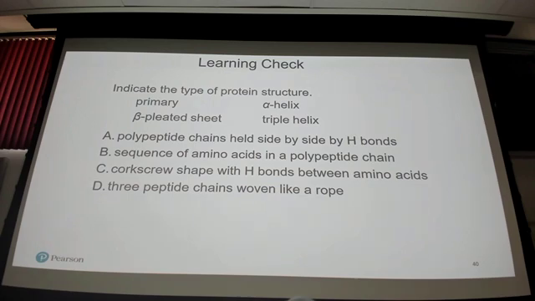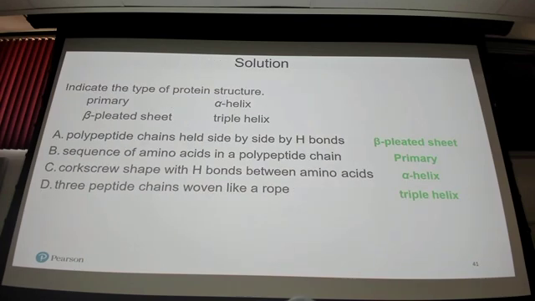The sequence of amino acids: primary. Corkscrew: alpha. And 3 peptides woven together like a rope or braid: triple helix. Does that make sense? Easy peasy, right?